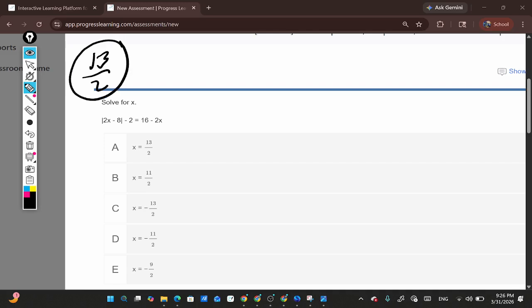Now, let's go back to the second part, which is the negative part of the number line. We have 2x minus 8 from the question, 2x minus 8 now equal to the negative part of... no, this is not right. Let me fix it. So we have 2x minus 8 equal to, as we said, 18 minus 2x.